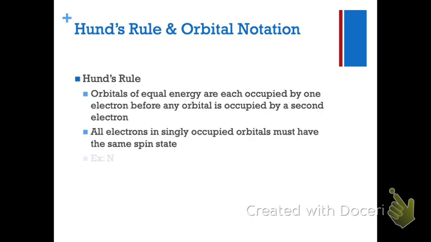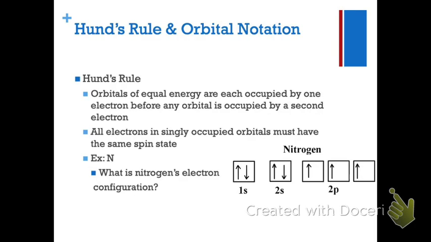All right. Let's look at an example for nitrogen. I want to show you the example first, and then I'll show you how we got there. Nitrogen's electron configuration is 1s2, 2s2, 2p3.